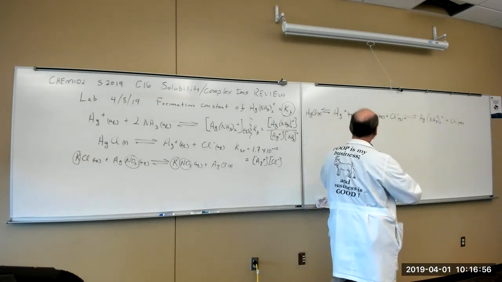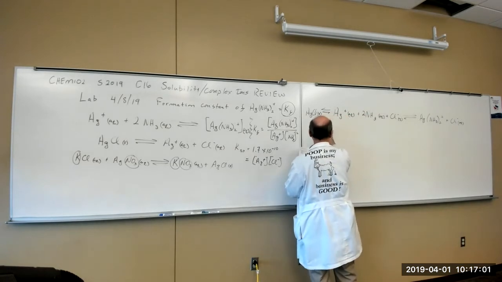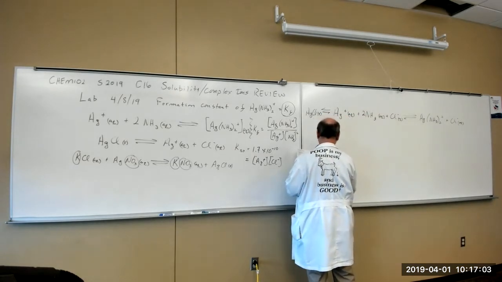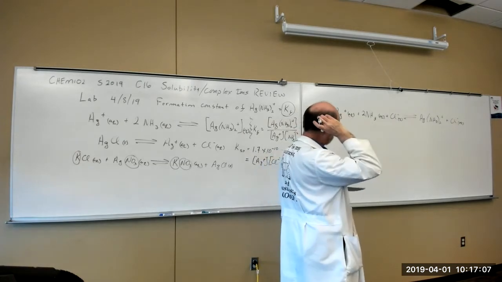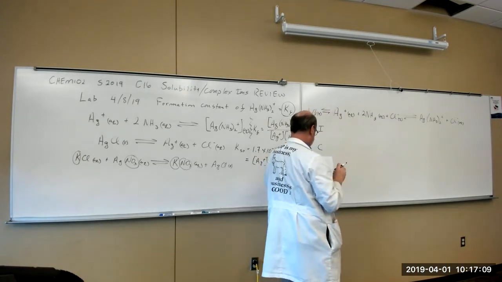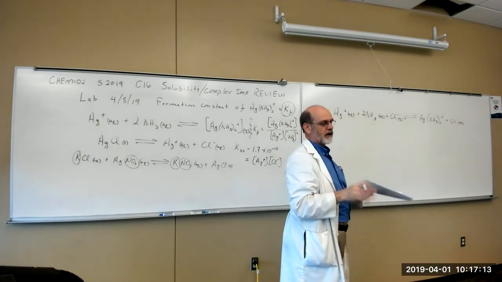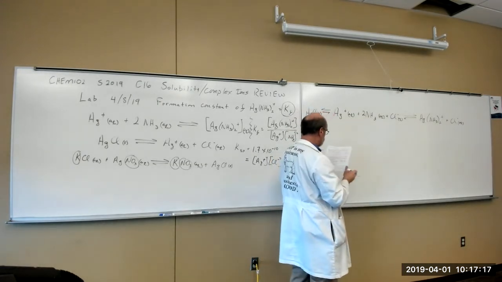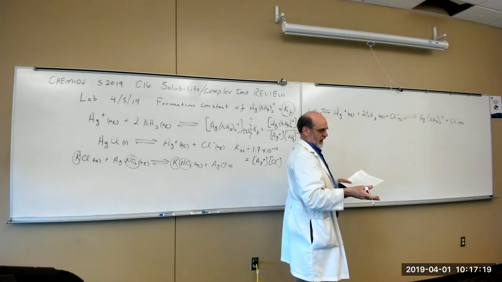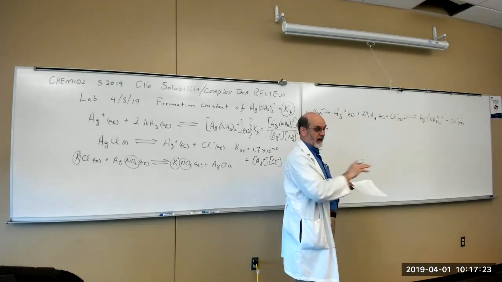So this is the one that we're going to use for our ice table. Now, the difference is it's easier in this case, rather than using concentrations directly, to use absolute amounts and then calculate the concentrations after we determine the amounts.